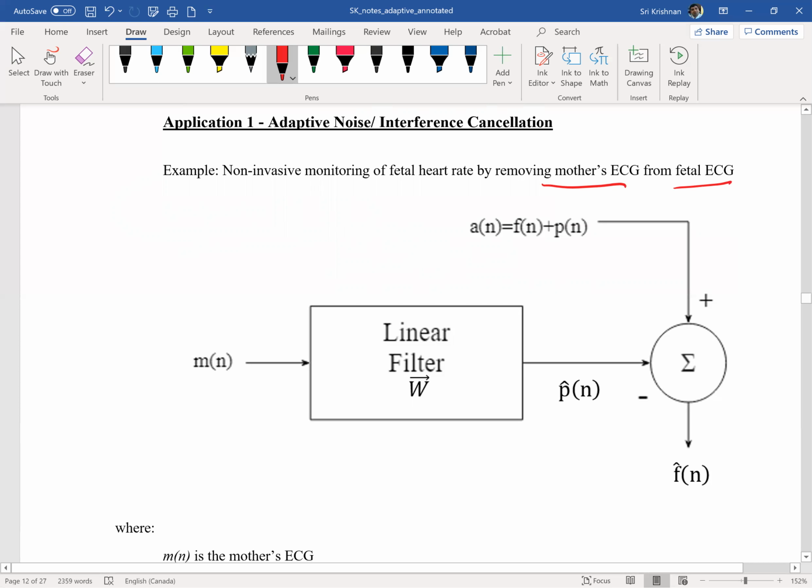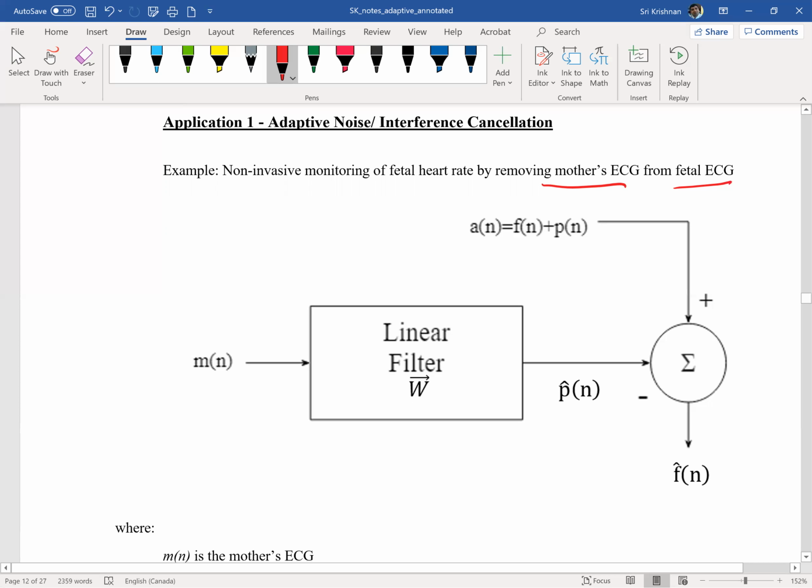The input to the filters are two things, as we have seen before. One is normally called the input to the adaptive filter, and the other is the desired response. You have to keep in mind the requirement between the desired response and the input to the filter, and we use that in a very intelligent way to design this adaptive noise cancellation problem.